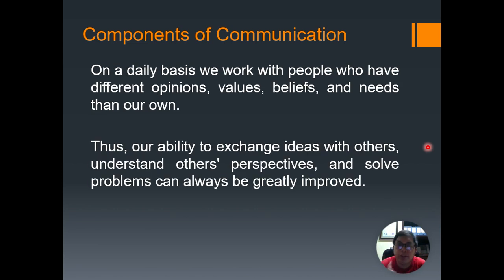Let's first refer to this situation. On a daily basis, we work with people who have different opinions, values, beliefs, and needs than our own. In such a case, our ability to exchange ideas with others, understand others' perspectives, and solve problems can always be greatly improved. This is inevitable, class, because as people coming from different personalities, different cultures, and different experiences, you will always differ in the perspectives and the ideas that you have.